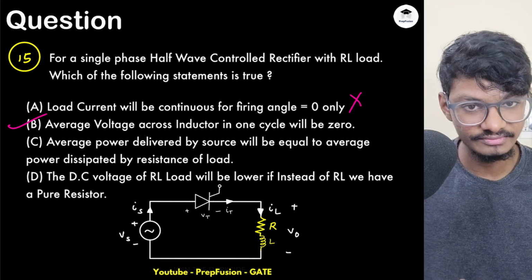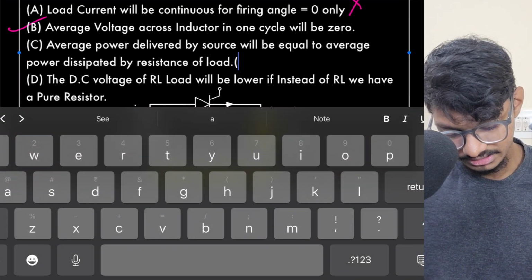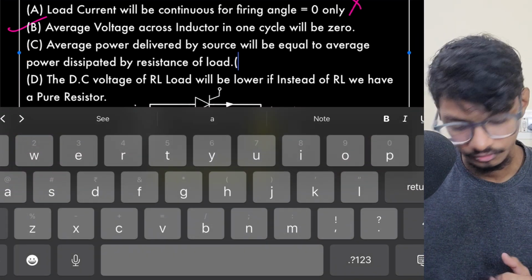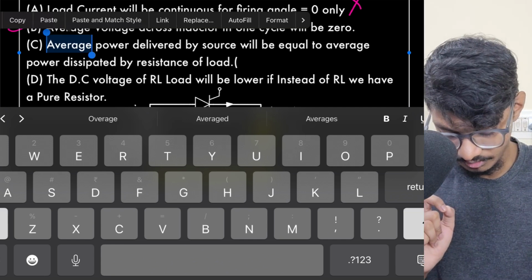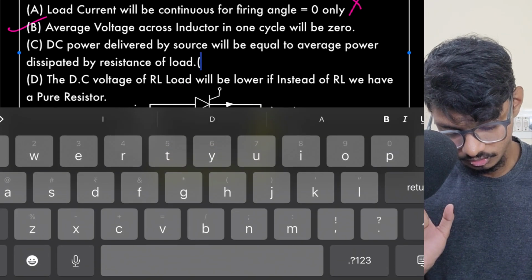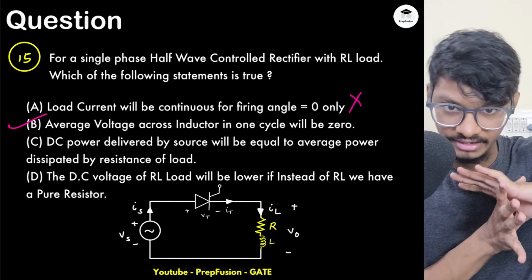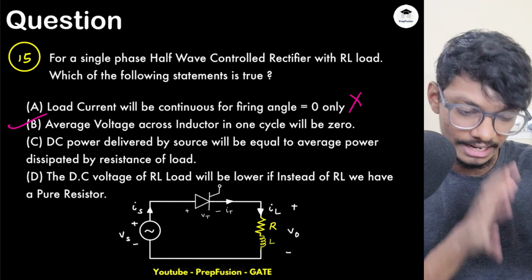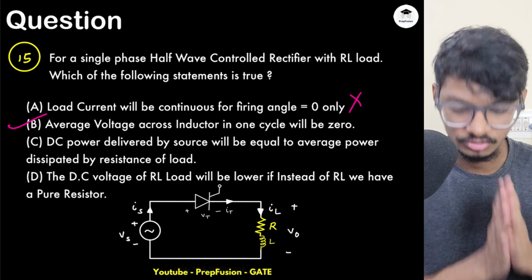So I should not write average power, as this term will be wrong. I will say the DC power delivered by the source will be equal to the load power, because average power is basically the overall active power the source is delivering, and in that the DC components are present, but the AC components are also present.